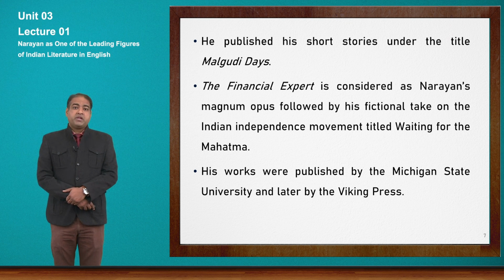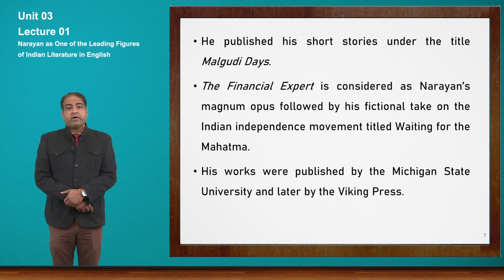His works were published by Michigan State University and later by the Viking Press. Friends, Michigan State University Press and Viking Press are among the most famous publishing houses in the world.